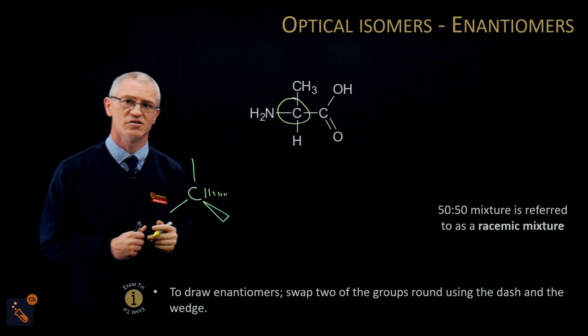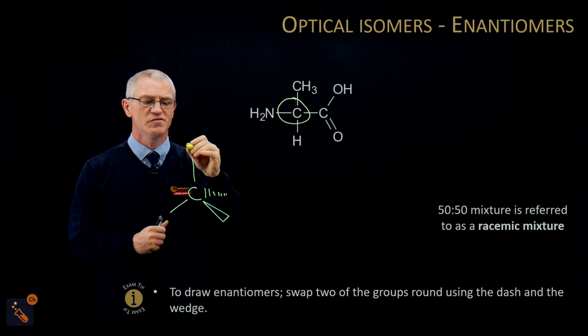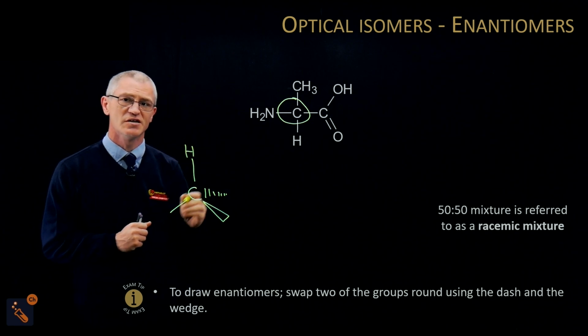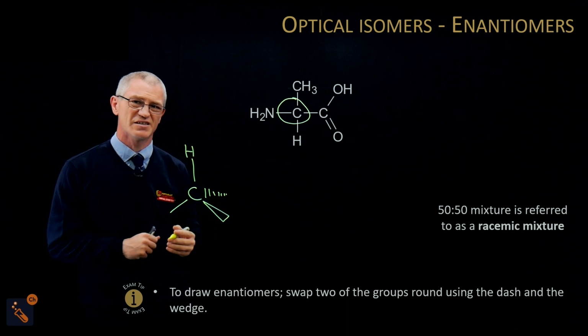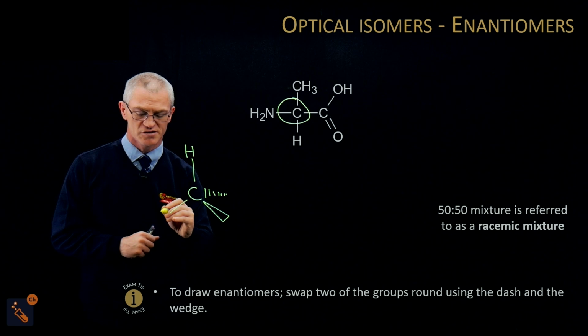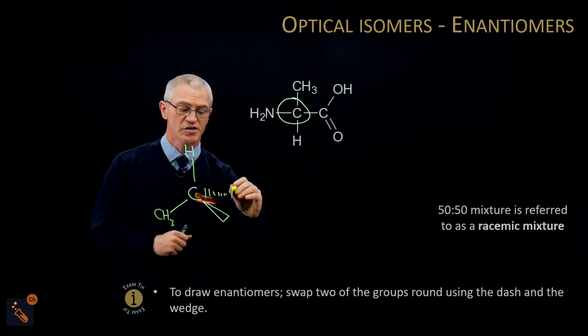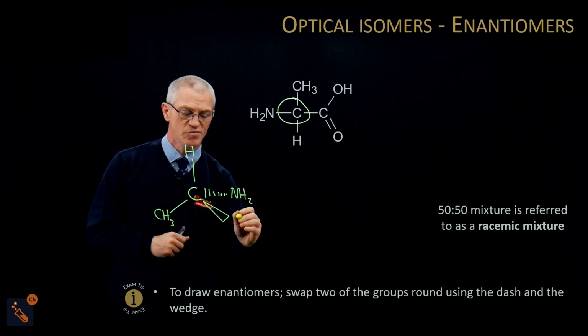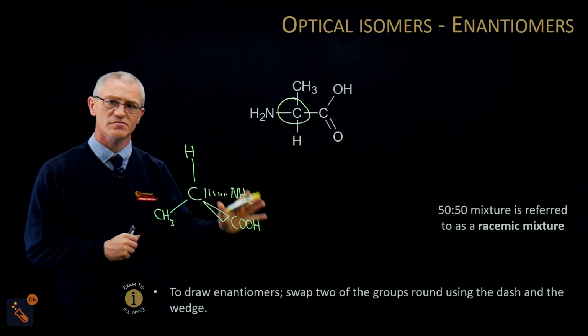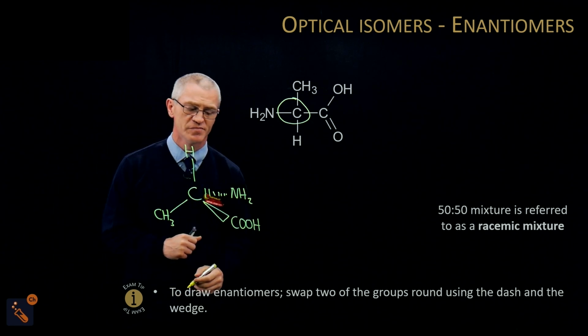So there's our chiral carbon. So we just take the groups off. I like to put my H pointing up all the time. I do it the same every single time. And then I just put anything else anywhere else. So I'm going to put my CH3 here. I'm going to put my NH2 here and my COOH here. So that's my 1 enantiomer.